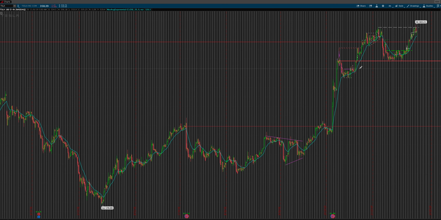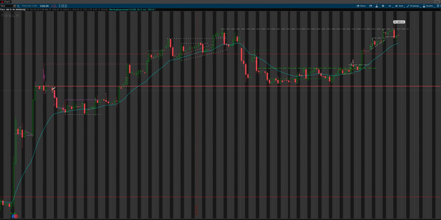So now what this technical level tells me is that there are a lot of sellers in this area, and since it had a lot of trouble going to the upside, it eventually pushed down. It did have a long wick right here, and the high of this wick was another technical line.